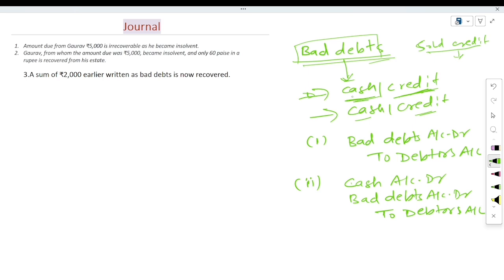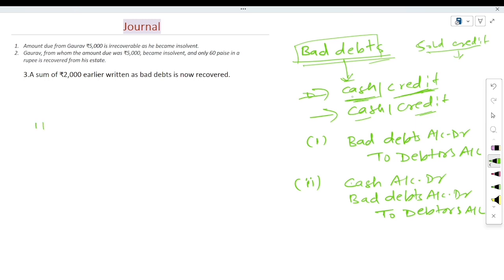Because in the previous books you have already shown that amount as bad debts, and now he is giving you this amount. Just for example, a sum of rupees 2000 earlier written off as bad debts is now recovered. Then what entry will you pass?